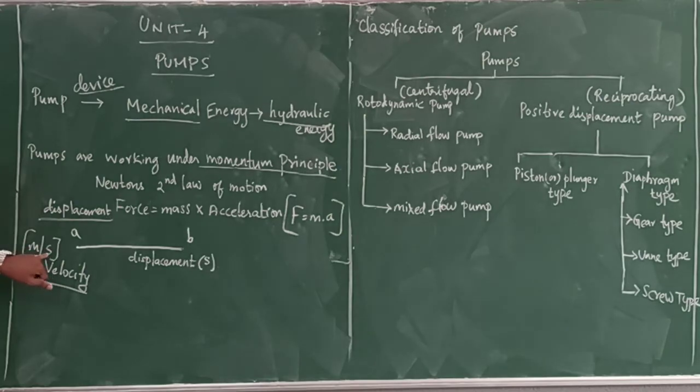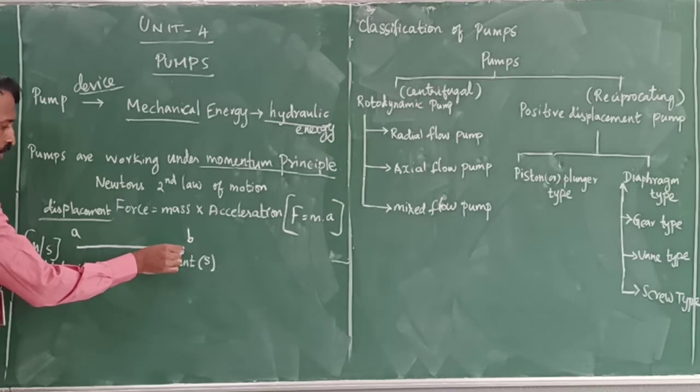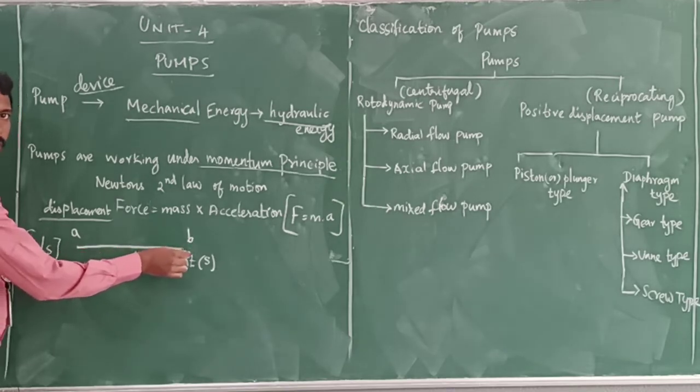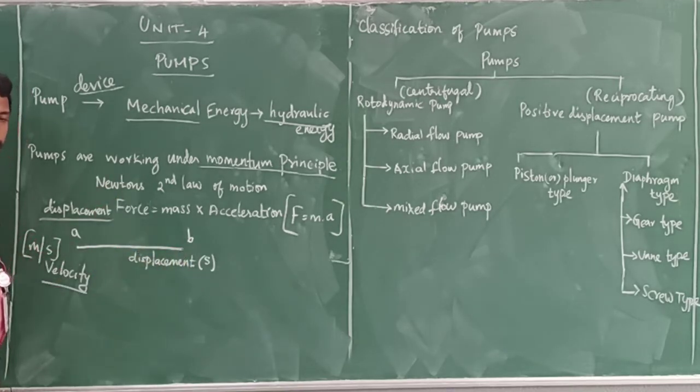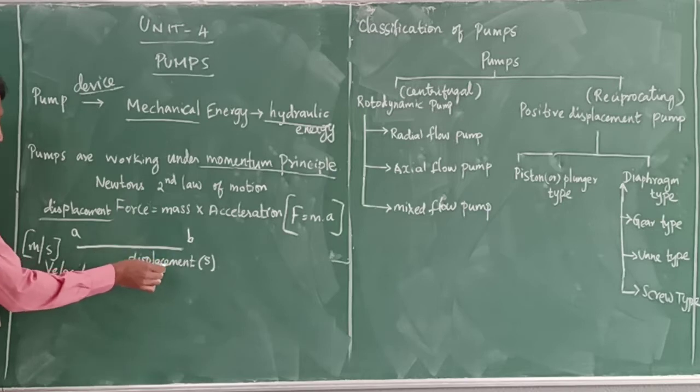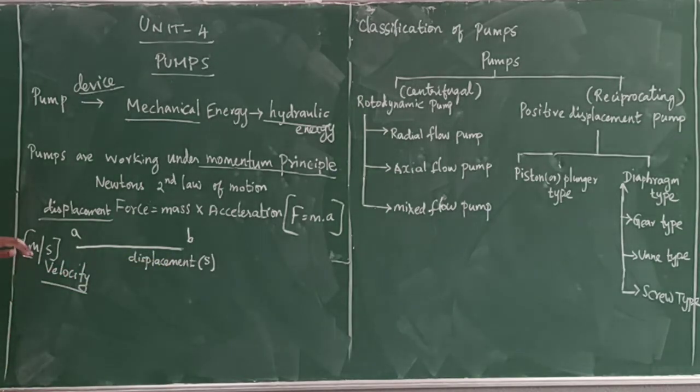From the unit we can find that the distance the object moves in 1 second is called velocity. This displacement with respect to time is called velocity. Rate of change of displacement with respect to time is called velocity.